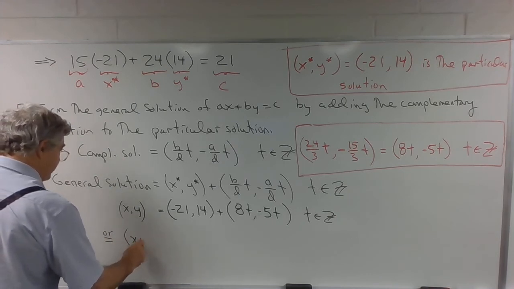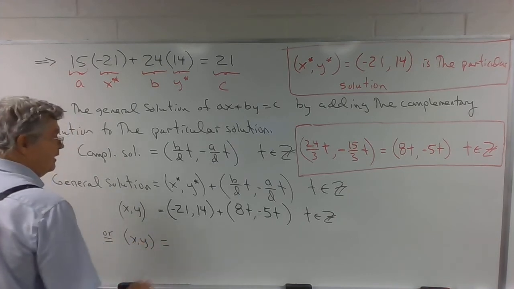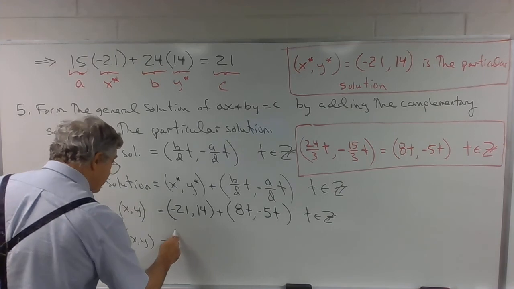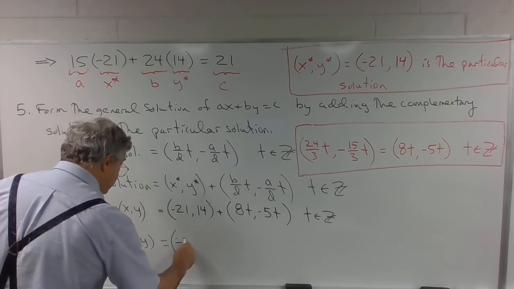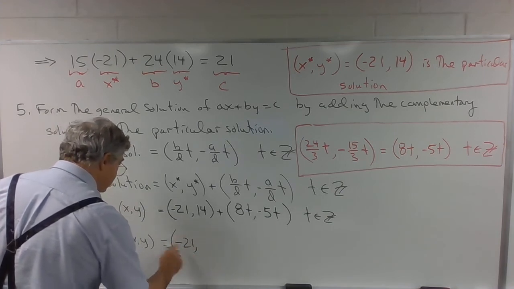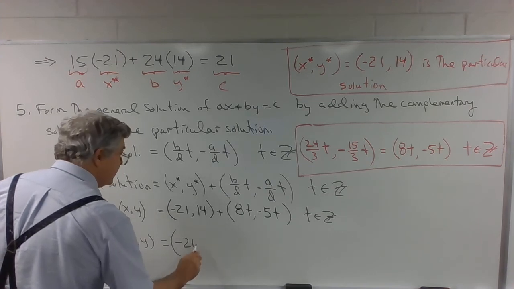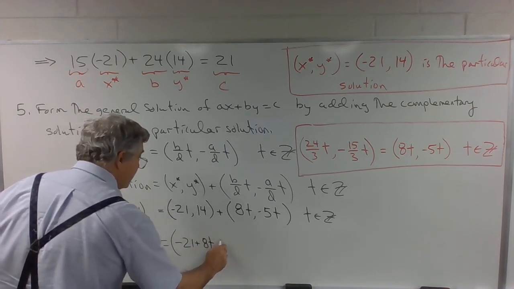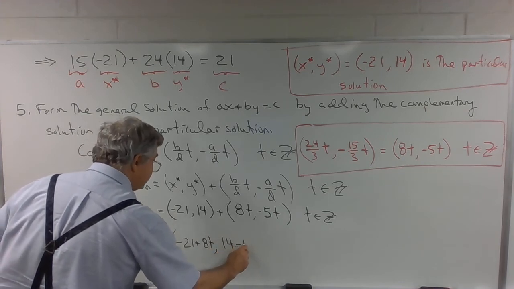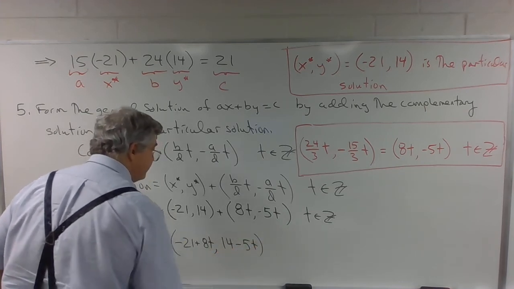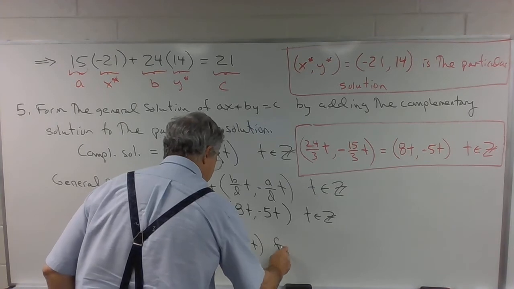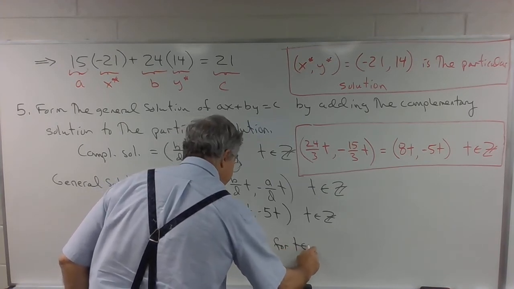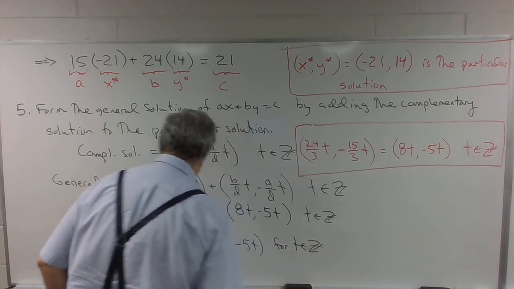We can also write it like this and combine these two things component-wise. Negative 21 plus 8t and 14 minus 5t for all integer values of t.